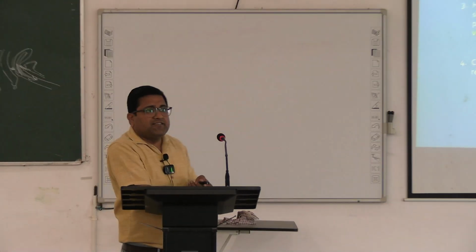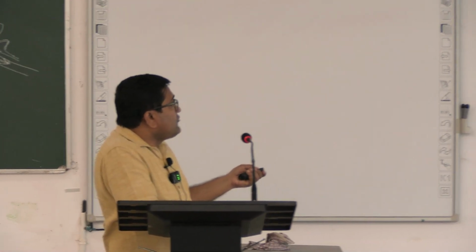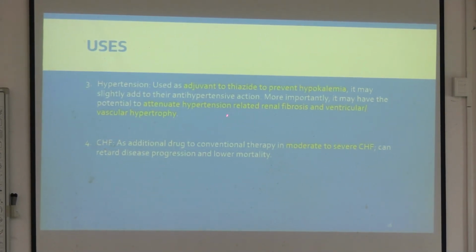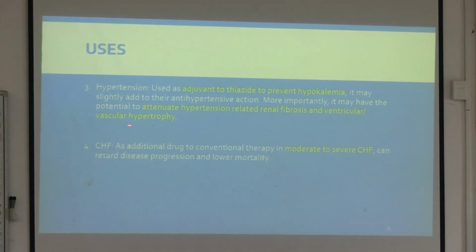Number three, hypertension. Now, it is used as an adjuvant to thiazide to prevent hypokalemia in patients of hypertension. They also attenuate hypertension related renal fibrosis and ventricular or vascular hypertrophy. They are also used in congestive heart failure.